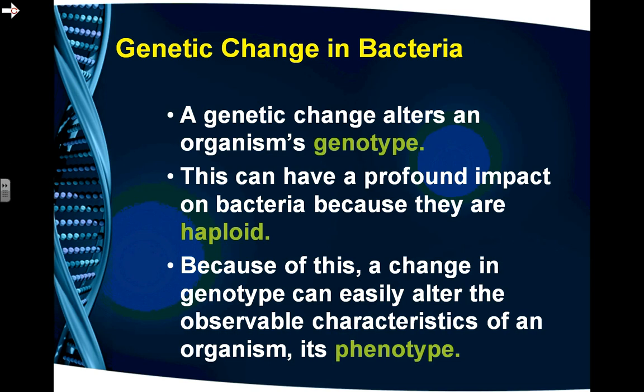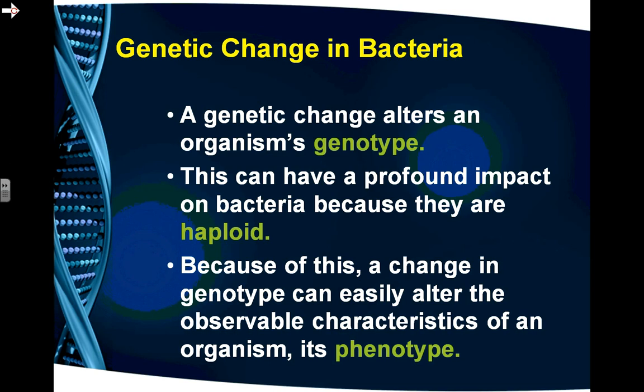So if there is a change in the genetic material in bacteria, then it can very easily alter the observable characteristics, the phenotype, of that bacterium, because there is no other copy that might cover it up, whether it's a mutation as a result of just a mistake in DNA replication, or something that has been induced by environmental factors.